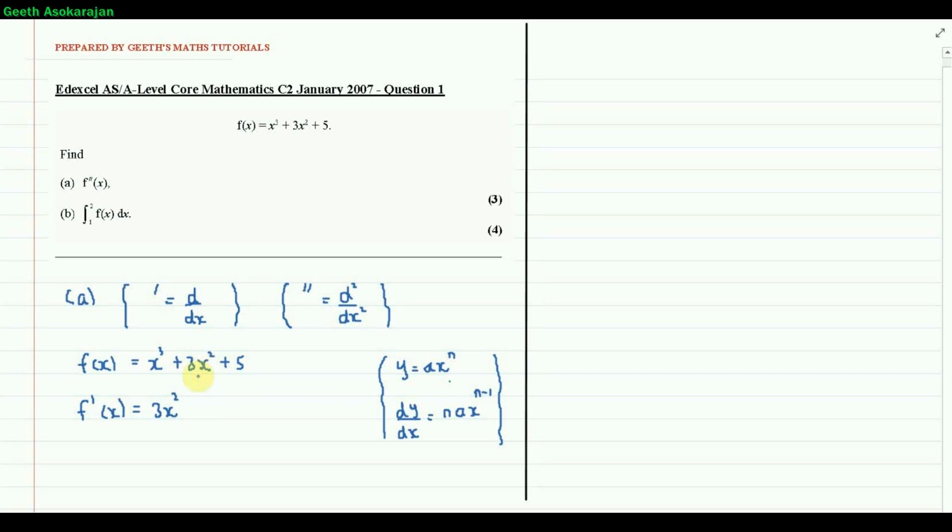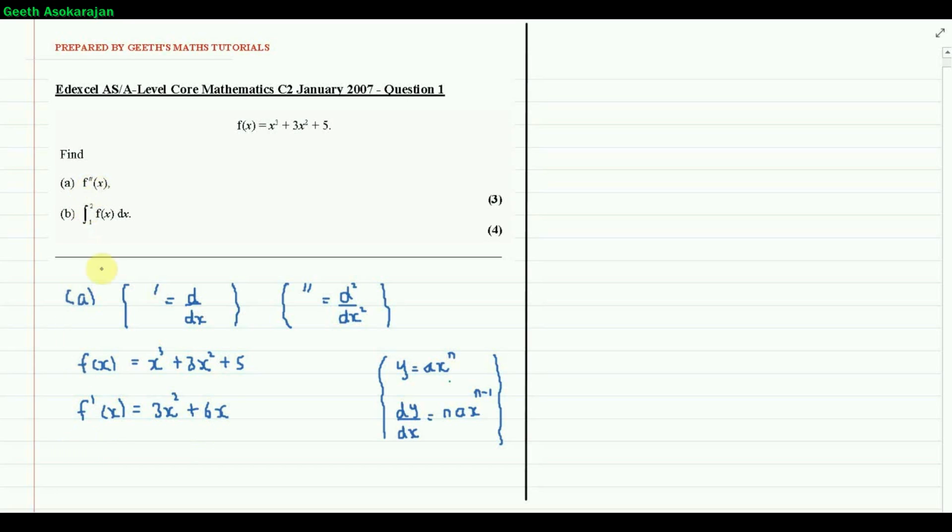When I differentiate 3x squared, multiply by the power, 2 into 3 is 6, subtracting 1 from the power, 2 minus 1 is 1. When you differentiate any constant, the outcome is 0. So the answer of f primed x is 3x squared plus 6x.